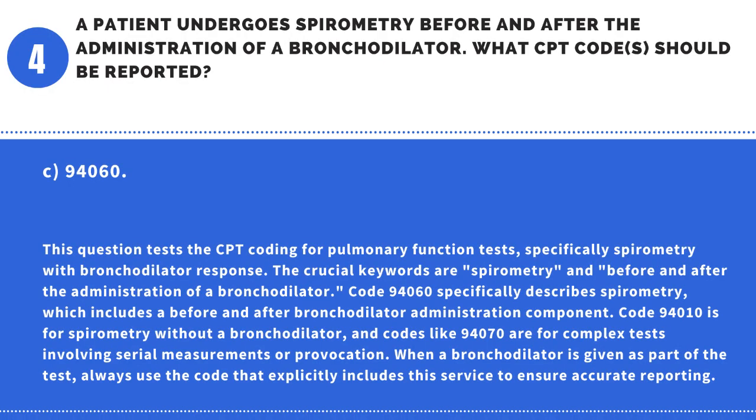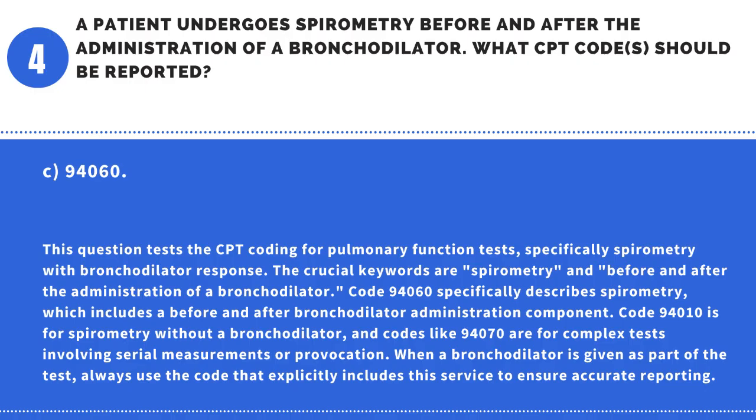94060. This question tests the CPT coding for pulmonary function tests, specifically spirometry with bronchodilator response. The crucial keywords are spirometry and before and after the administration of a bronchodilator. Code 94060 specifically describes spirometry, which includes a before and after bronchodilator administration component.